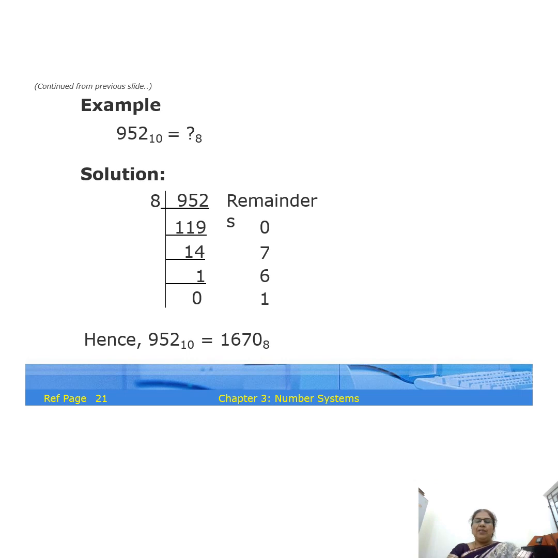Again 14 is divided by 8. We get 1, remainder 6. Then 1 is less than 8, so the quotient is 0 and the remainder is 1. So the values will be reversed, taking the answer from the bottom to the top, that is 1670 base 8.